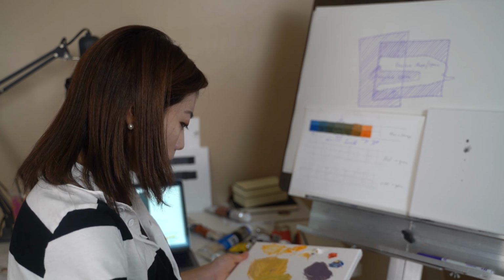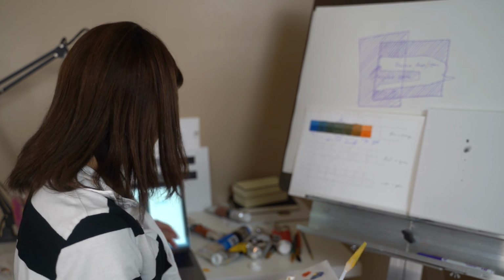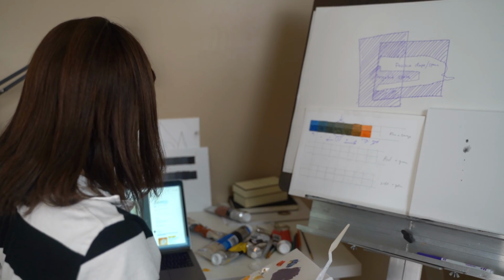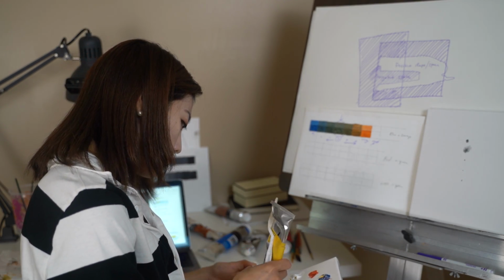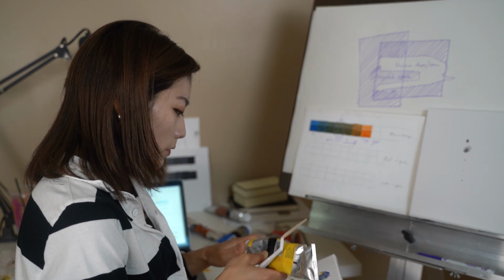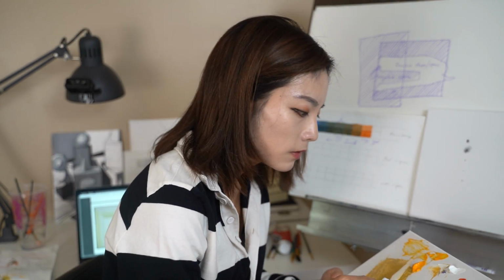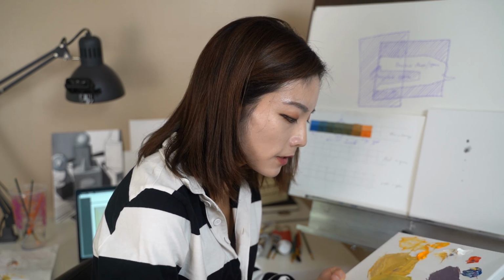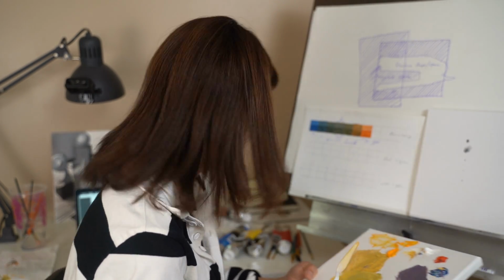Okay, so in that case, I may have to go and purchase a brighter yellow, because this was very dark to begin with. But if you are not able to get a brighter yellow, as long as the value and the saturation are on point, you can work with what you have, okay?